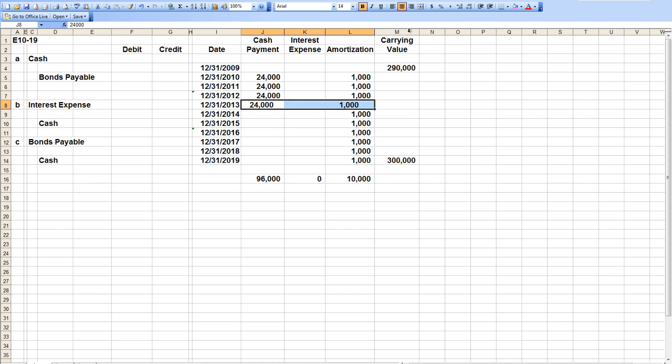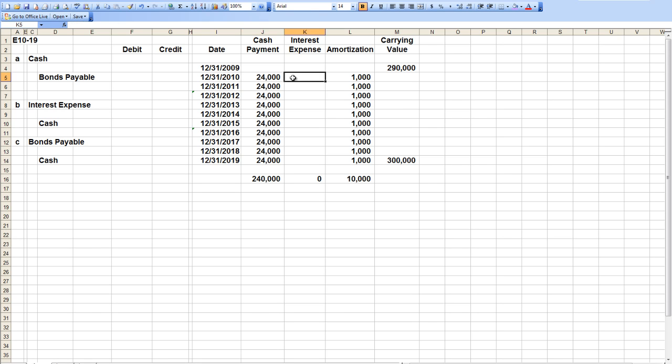That bothers me having that thing out of whack there. Okay, every year for 10 years. So I'm just quickly filling these amounts in, and regardless of what those bonds were originally sold for, this number is determined by the face value and the stated rate. So it doesn't matter whether I sold these for a premium, discount, or whatnot, this is going to be $24,000 because of the amount of the bond.